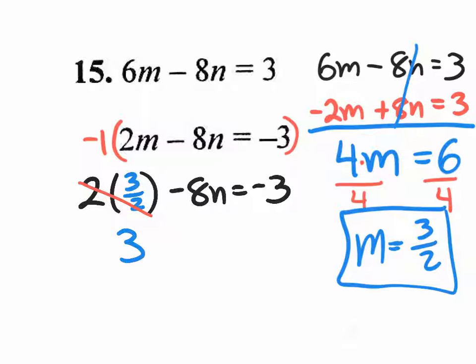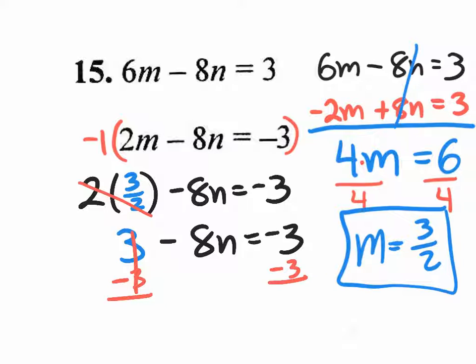What do we have left? We have a 3. Oh yeah, I'm sorry. It's now a positive 3 with a minus 8n equaling -3. So let's continue to solve by getting rid of the 3, and I'll end up with -8n equaling -6.